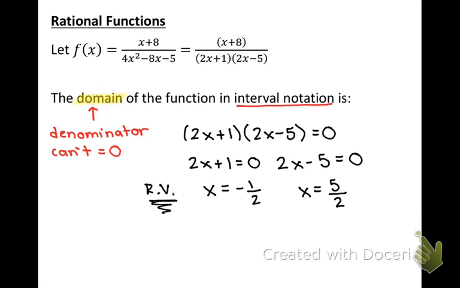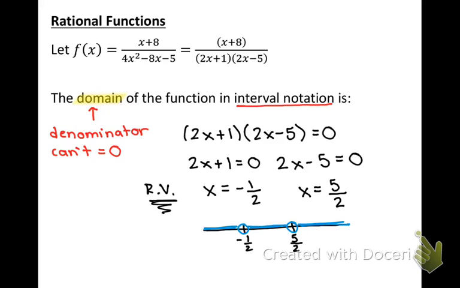These are the numbers that I cannot have. So if you want to visualize this on a number line, since we cannot have negative 1/2 and 5/2, that would be like having an open circle at those two values, but everything else is fair game.